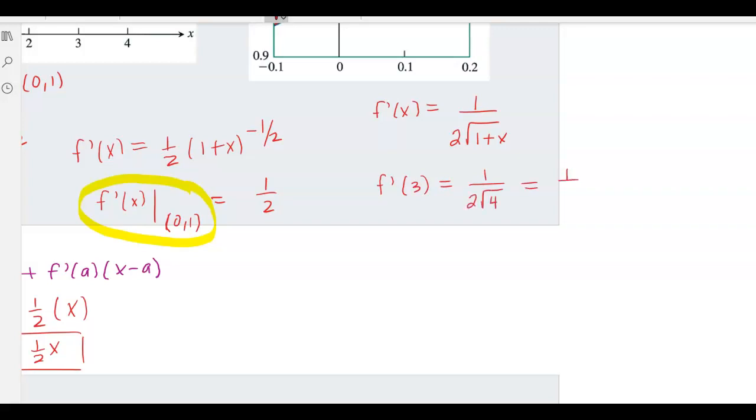This is going to be 1/4. If we plug 3 into the original equation there, we're going to get 2. So this is our slope, and the point is going to be 3 comma 2.